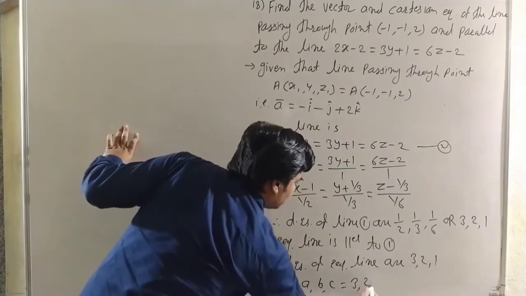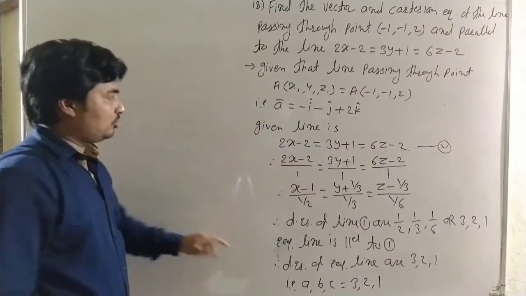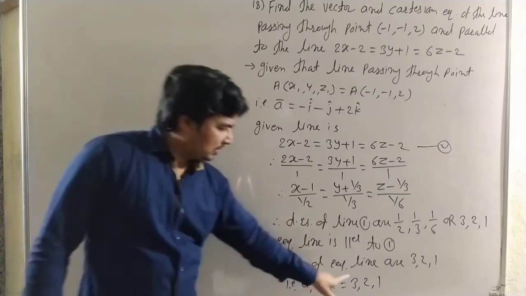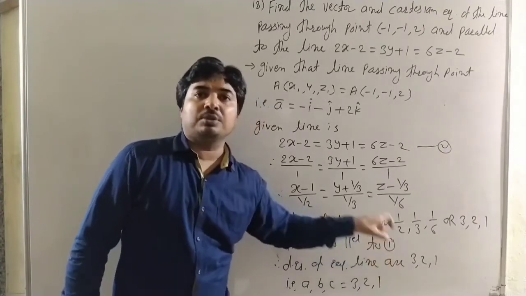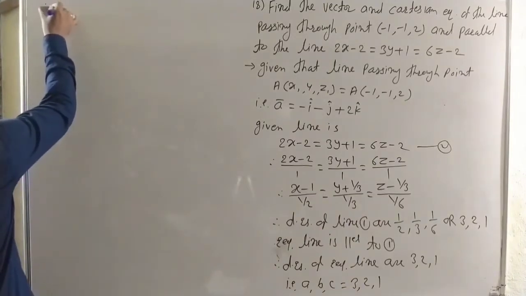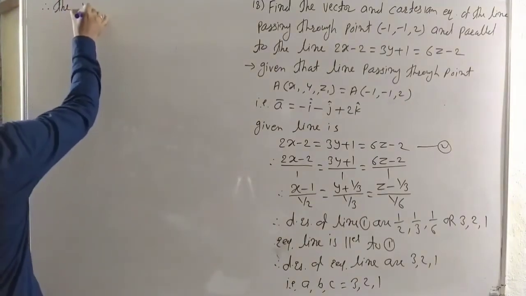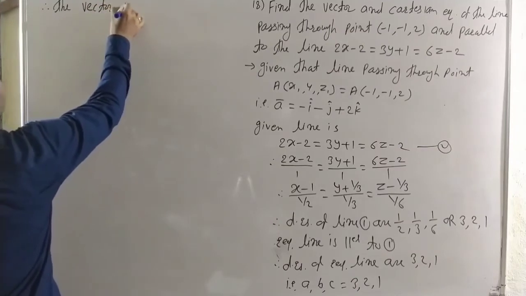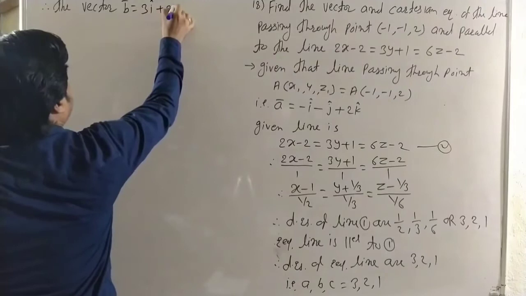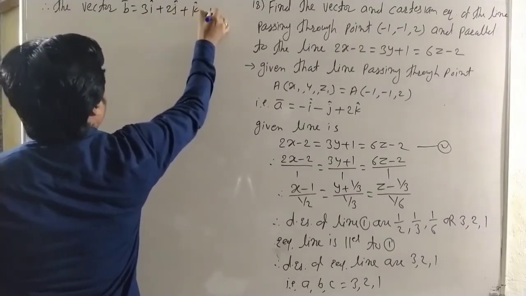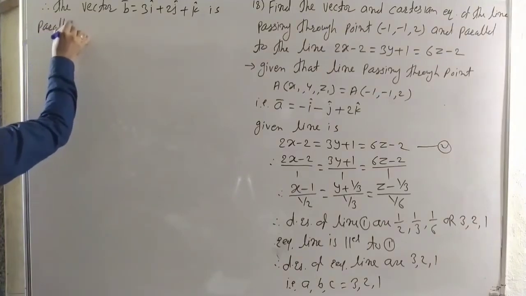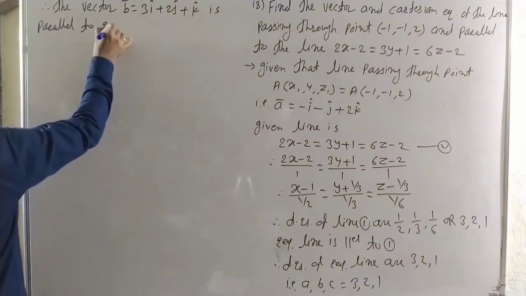These are the direction ratios of the required line. That means 3i cap plus 2j cap plus k cap is parallel to the required line. Therefore the vector b bar, which is 3i cap plus 2j cap plus k cap, is parallel to the required line.